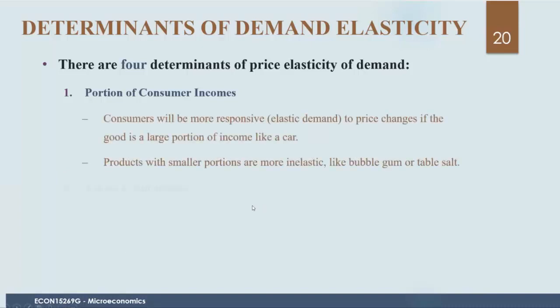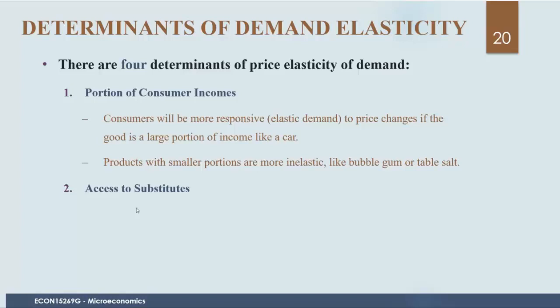Now, the most important thing is access to substitutes. I think I mentioned in the last lecture, when you're thinking of elasticity, think of the two terms: being able to do without, or substitute. Those are really the most important determinants. If a product is easy to do without and there are many substitutes, then the demand for it is generally going to be elastic.